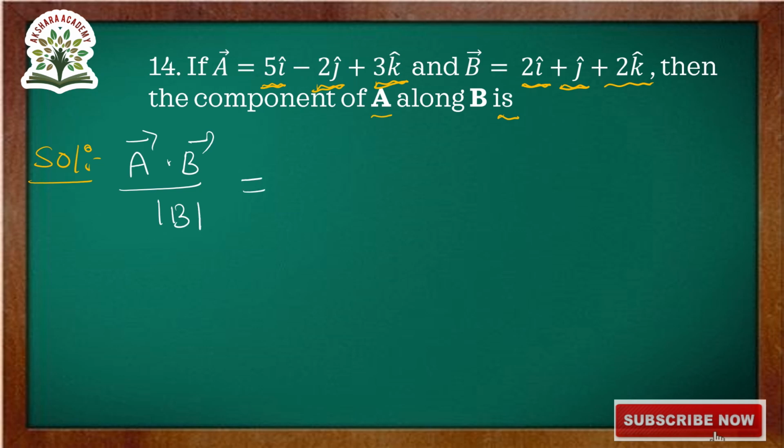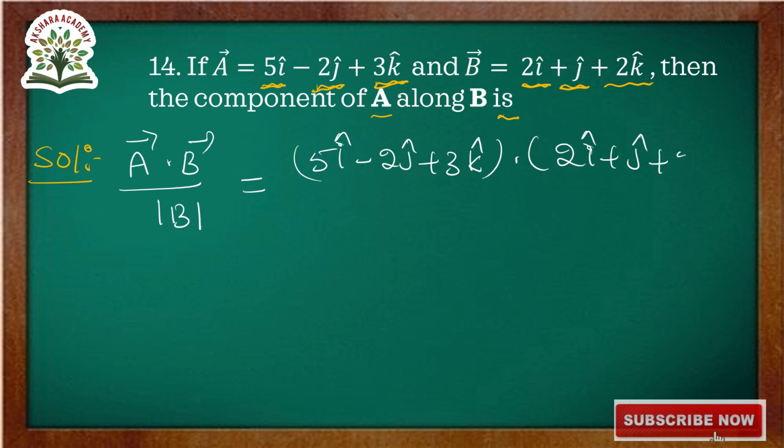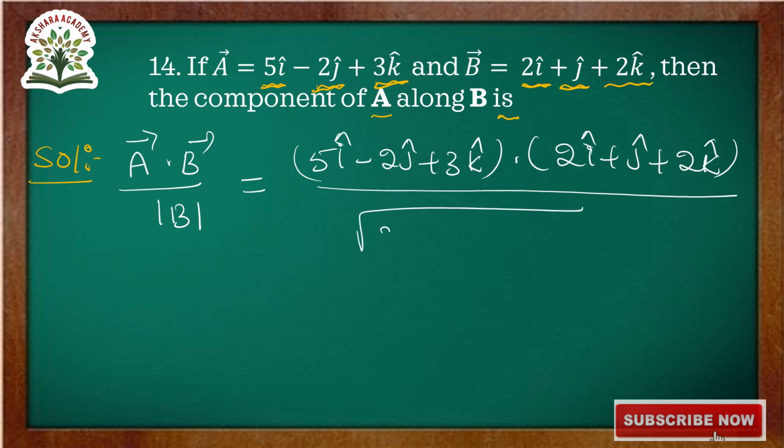So that is equal to the vector a bar, 5 i cap minus 2 j cap plus 3 k cap, dot product of 2 i cap plus j cap plus 2 k cap, by modulus of b, which is root of i component 2 square, j component 1 square, k component also 2 square. So i dot i, j dot j, k dot k is equal to 1.